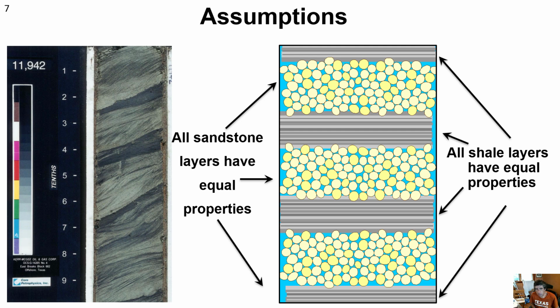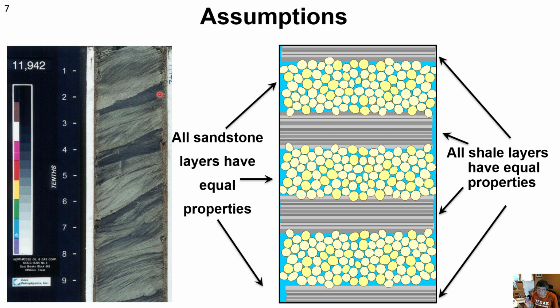One of the assumptions that we have in rocks like this, which are below the volume of investigation of the measurements, is that all the shale layers that we have here in the volume are assumed to have the same properties, and the same with the properties of the sandstone within that volume of investigation.